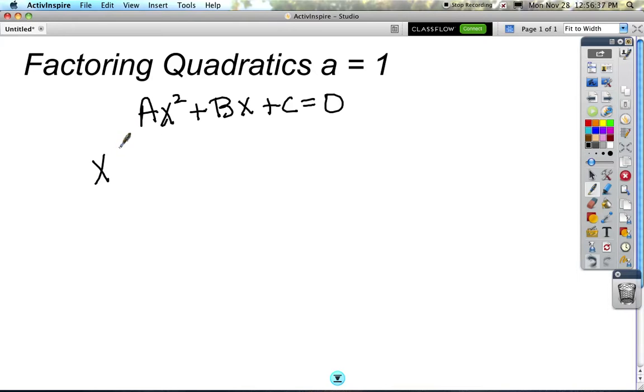I'm going to start off with this. Okay, this is going to come back to you, I hope. Now, this last term, your c, you want to list all the pairs that multiply to get c.